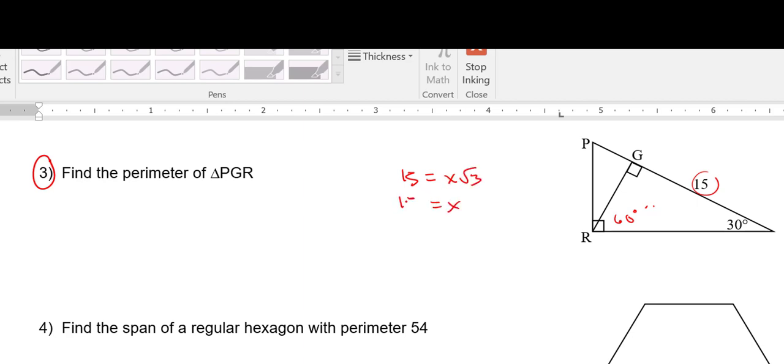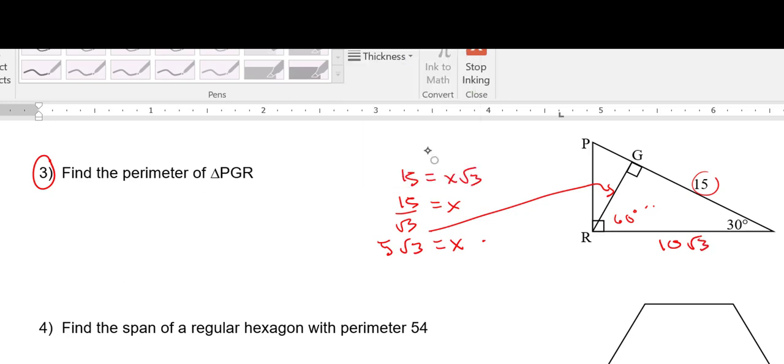So x is equal to 15 over root 3, which means that x is equal to 5 root 3. So that's going to be this portion right here. That's 5 root 3, which makes this bottom 10 root 3.